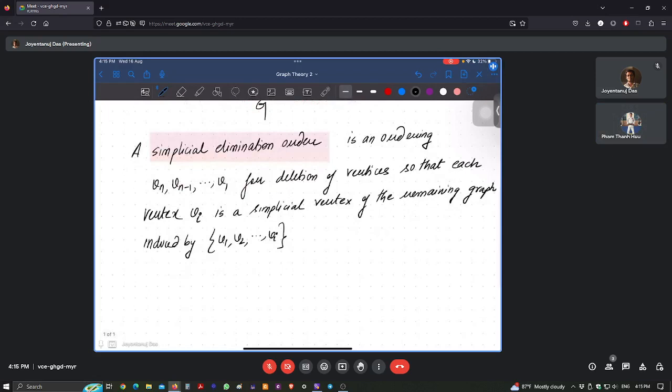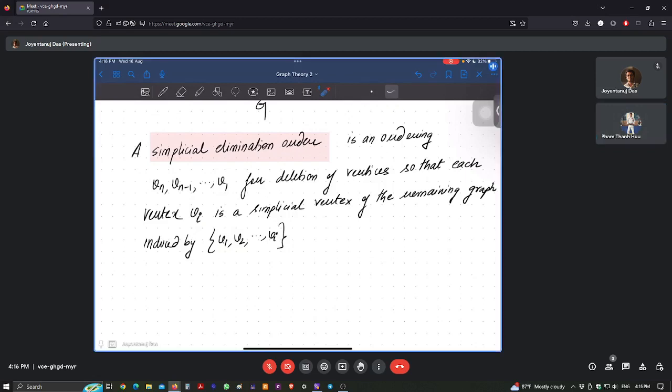So the ordering starts in decreasing order, from V_n up to V_1, such that if I gradually delete one vertex, at the first stage I will delete V_n, in the next step I will delete V_{n-1}, like this. Suppose I am stopping at the ith step, then I have only the vertices V_1 up to V_i. Then V_i must be a simplicial vertex of the remaining graph.